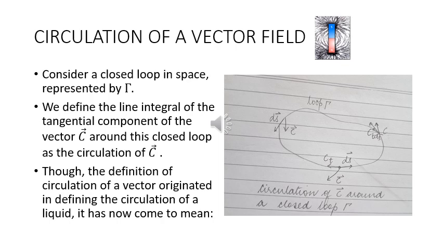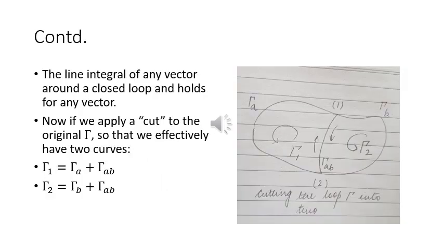We define the line integral of the tangential component of a vector C around this loop as the circulation of C. Though the definition of circulation originated in defining the circulation of a liquid, it has now come to mean something more general. The line integral of any vector around a closed loop, and it holds for any vector, is the definition of circulation.